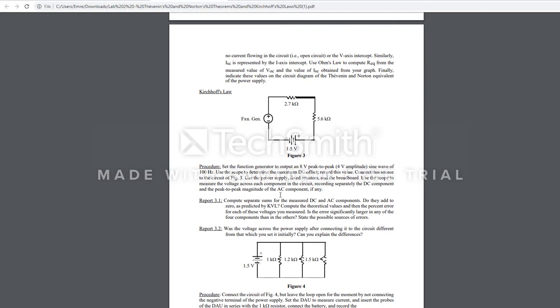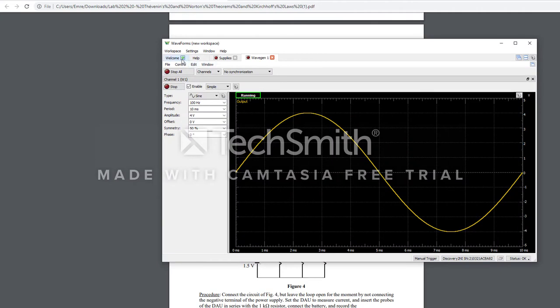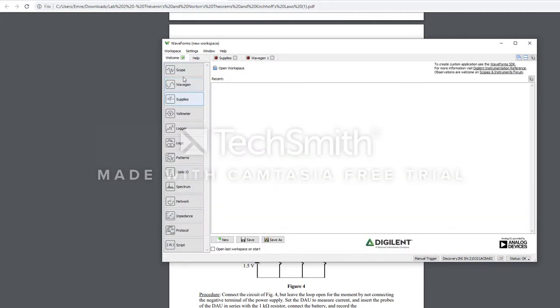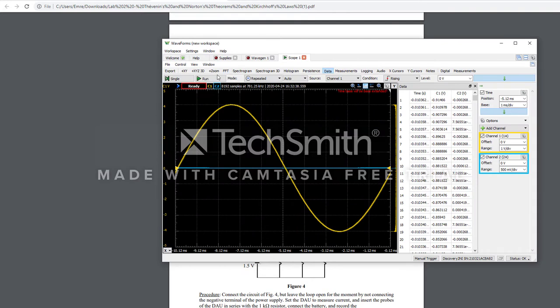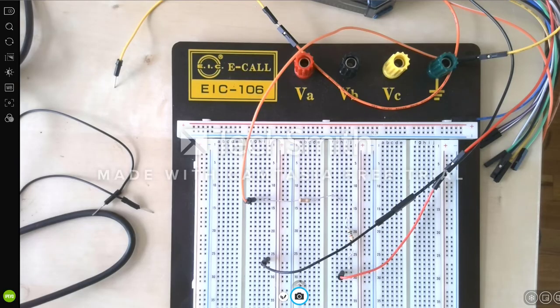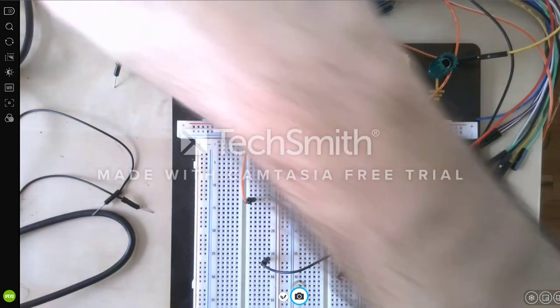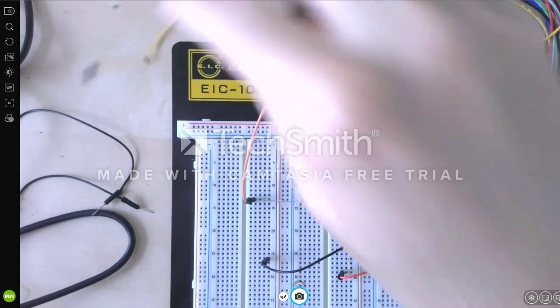Now we need to compute separate sums for the measured DC and AC components. Of course, we are using the scope to take measurements. All right, we are connecting our channel.